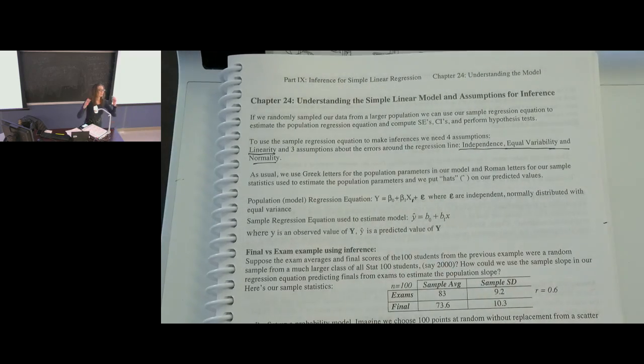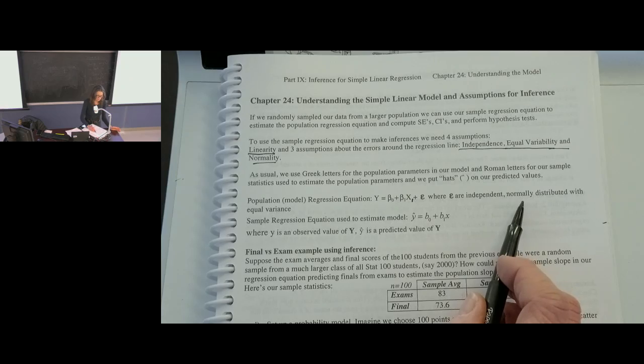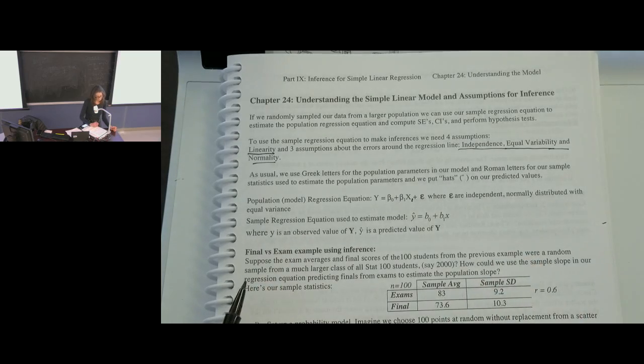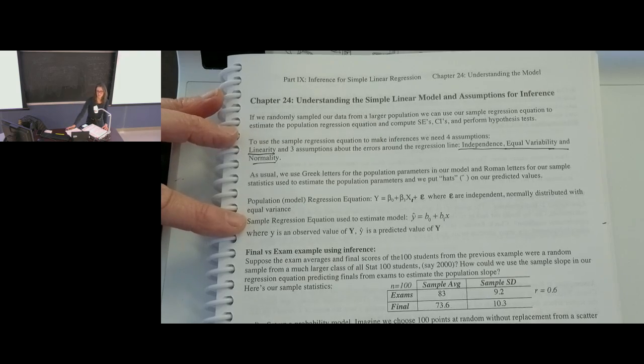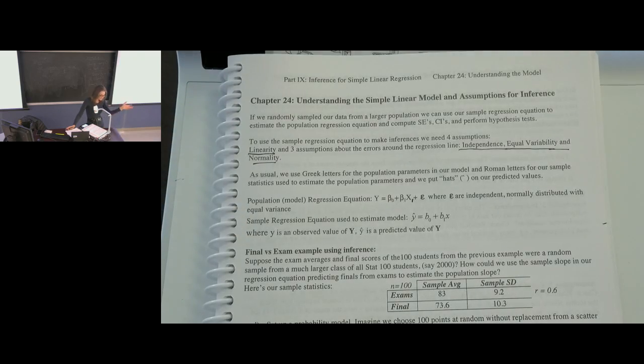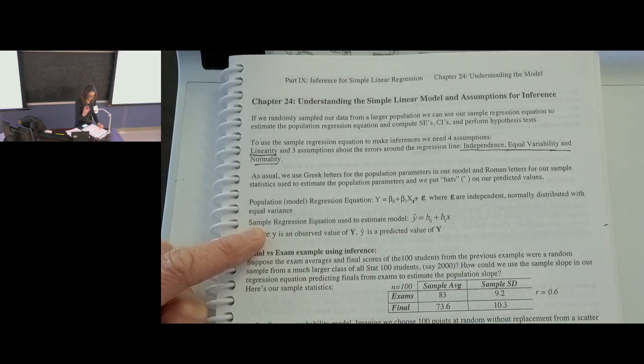We know there's error around our regression line. So the errors are independent, normally distributed with equal variance. If you've taken upper level statistics classes, you've seen IID normal 0, sigma squared all the time for the errors. It's the same thing. Now, here's our sample regression that we've got in our sample.